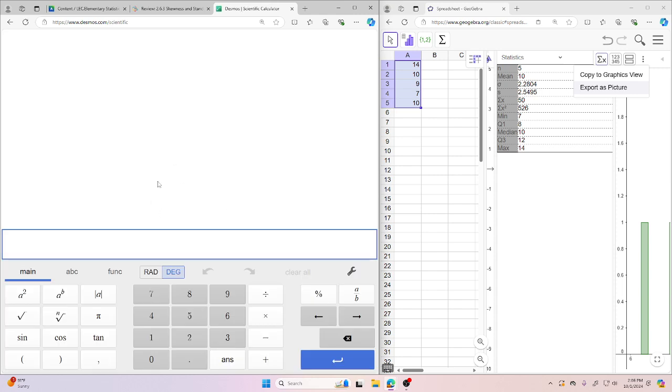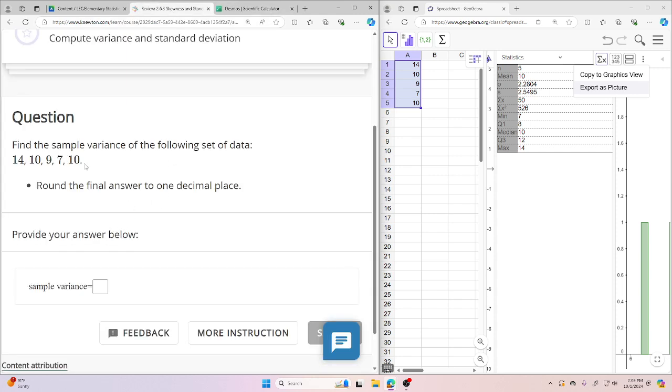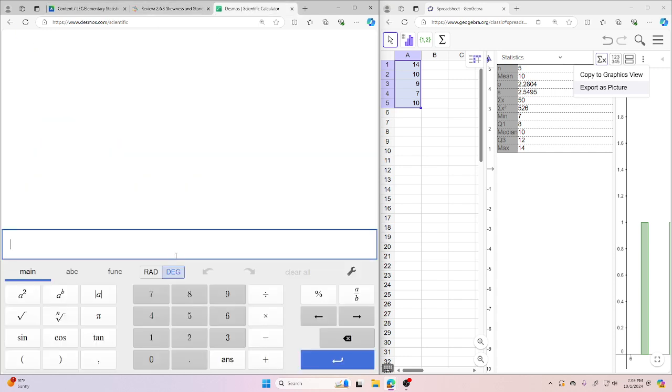I need to take my, hold up, sample variance. Now, sample is the Latin characters. And so that would be my little s, the 2.54. I need to square it. So 2.5495, and I'm going to square it. And so that's my actual answer.